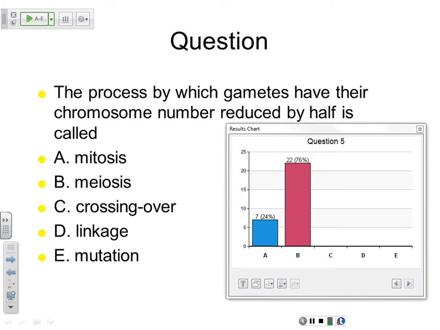Show results. Everybody should get this for sure. That process is, of course, meiosis, because meiosis occurs in two sets of divisions. The first one is a reductive division, and the second one is really a proliferative division, like mitosis, just to increase the number of gametes. It only works that way for the male gamete.